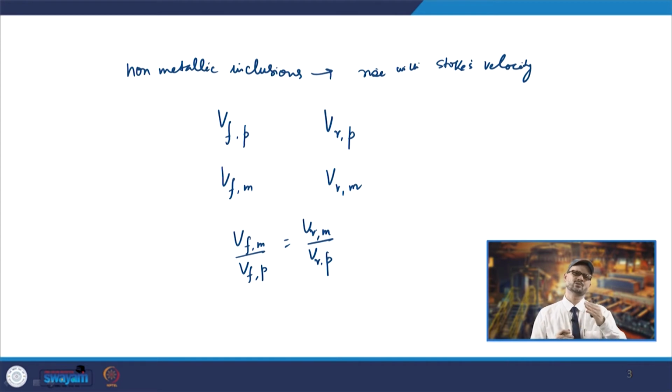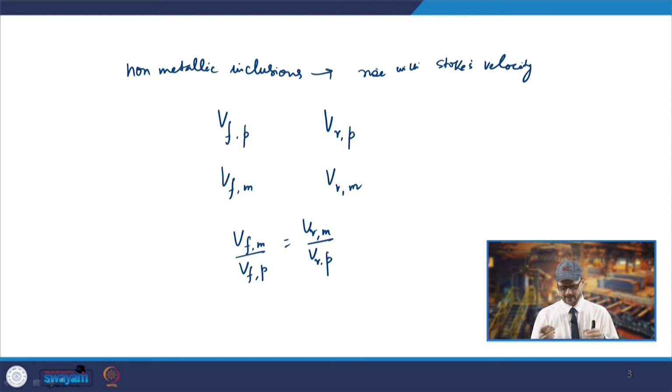So, from there you get the changes in the density of the inclusion as well as of the medium. Similarly, when you know the density of the working fluid in water modeling, that is water, then accordingly you can think about what particle should be taken for the water modeling studies. Similar will be the size considerations. What should be the size of those particles, so that these criteria are satisfied.